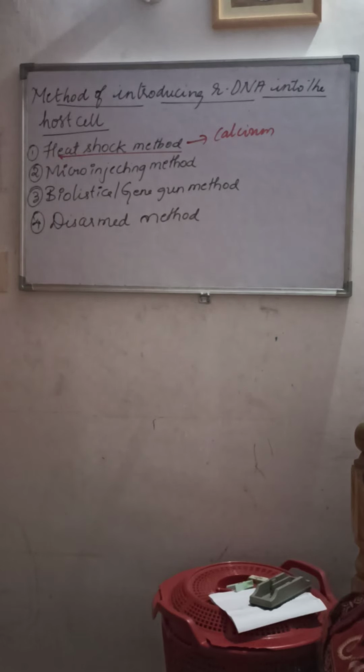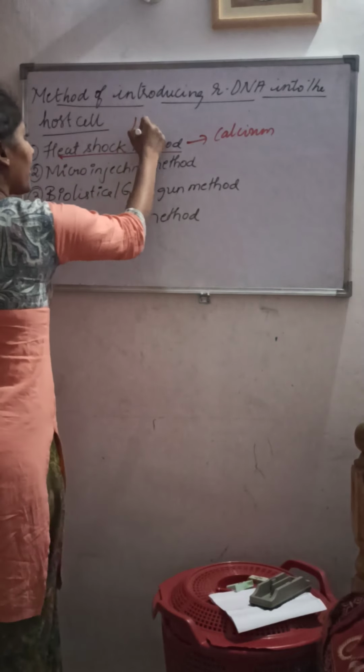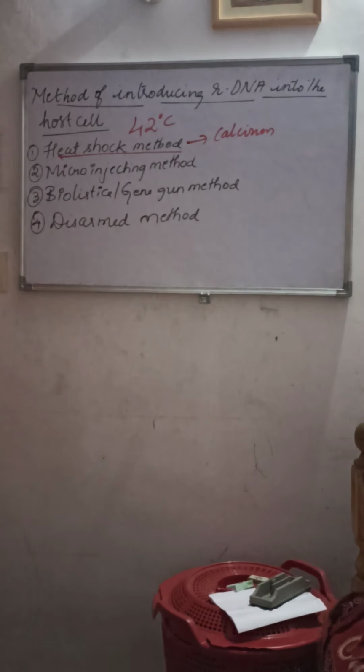It is incubated at 42 degrees centigrade, and then placed back on the ice. This enables the bacteria to take up the rDNA. This whole methodology is known as the heat shock method.